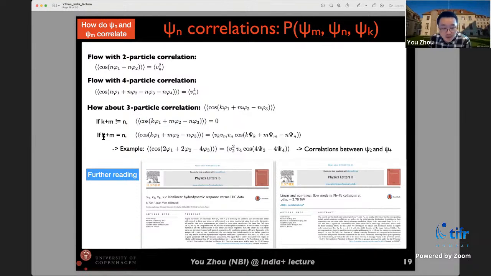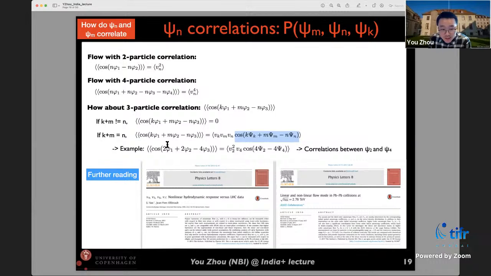But what if k plus m equals n? Then you can expand the cosine term and insert the psi. In the end, you get Vk times Vm times Vn times the cosine term of this combination. It might be complicated, so let's put some examples. Let's say k equals 2, m equals 2, and n equals 4.